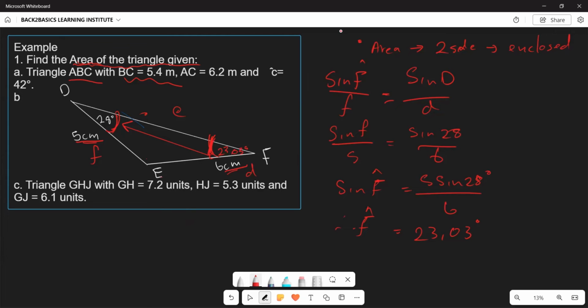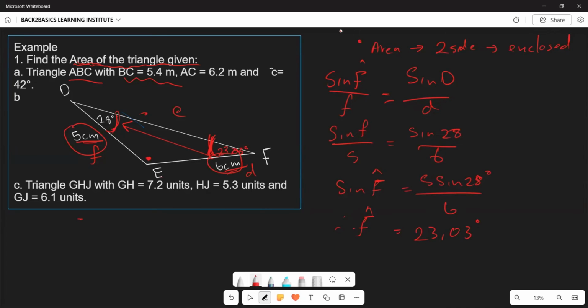Now that you found this particular angle, you can continue to calculate what? Now you can use the sum of angles in a triangle to calculate your angle E, and then because in angle E you have the side here, you have the side here, you can be in a position to calculate the area, right? So let's continue. For you to find your angle E, you are going to use the sum of angles in a triangle, right?